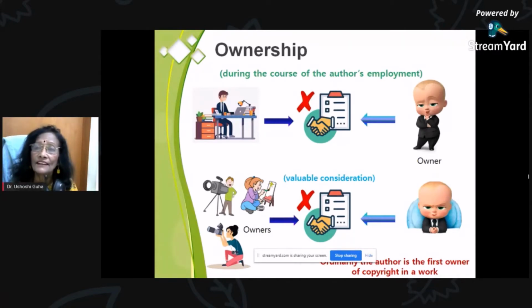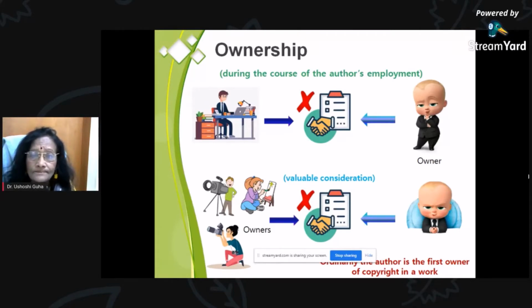So the copyright will exist with the owner, not the employee, unless the employee, in so many words, comes to an agreement saying this is my invention and I will have a percentage of it, or I will be a co-owner. Unless the employee prepares an agreement legally with the owner, the complete copyright goes to the employer or the owner. My friends, I repeat that copyright is that of the owner.